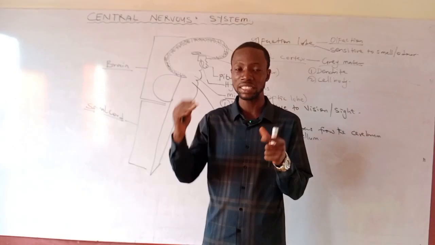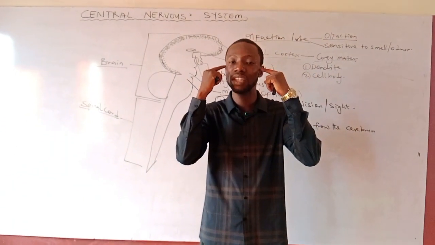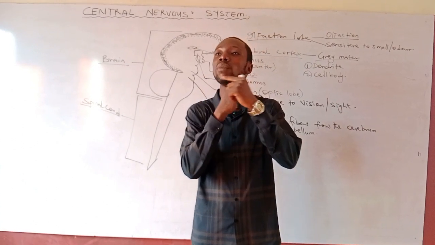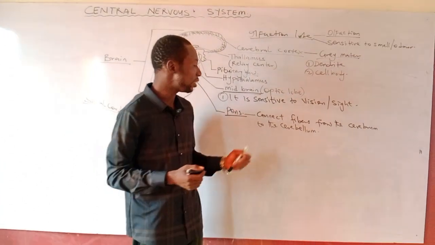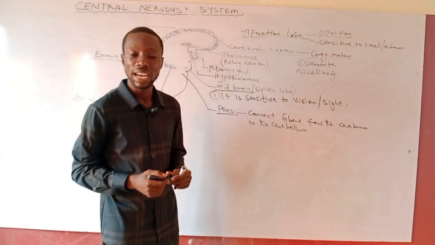It connects fibers from the cerebrum, and after the negotiation at the level of the pons, they move to the opposite side of the cerebellum. This is the function of the pons at your level.